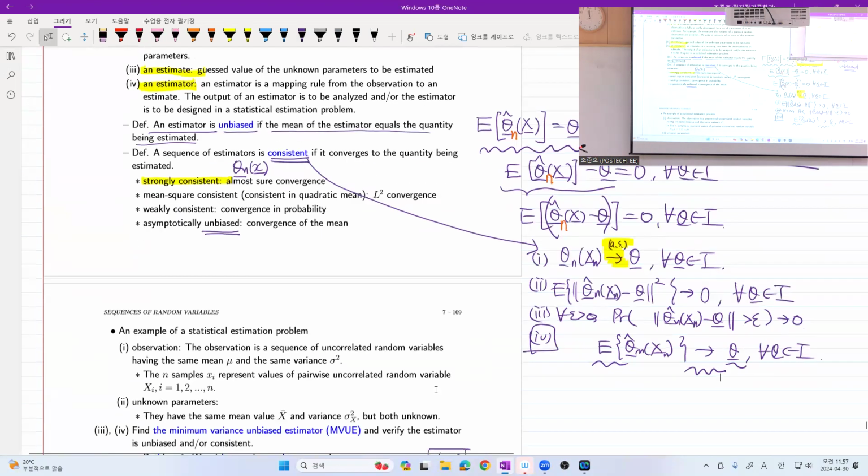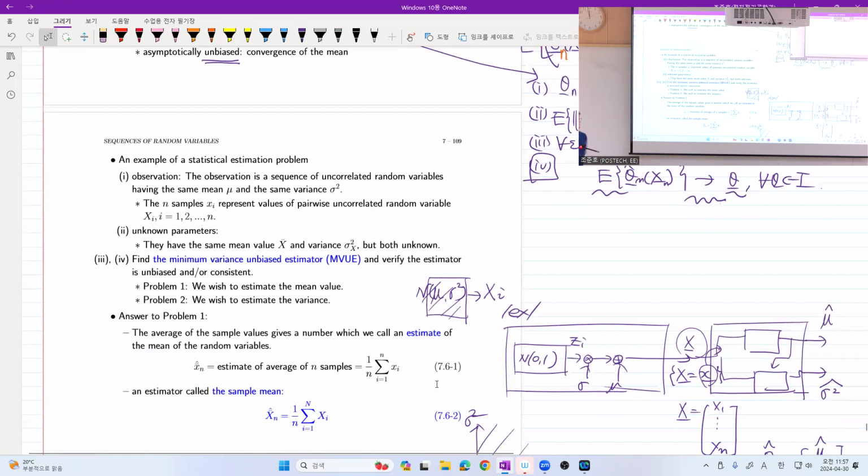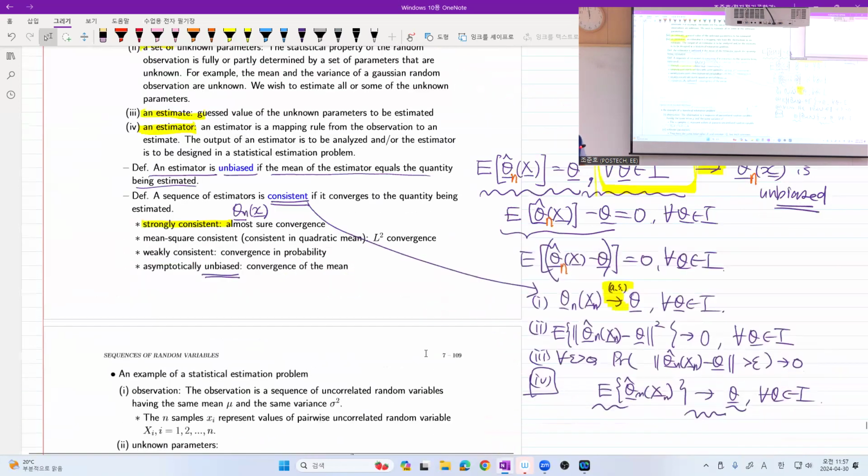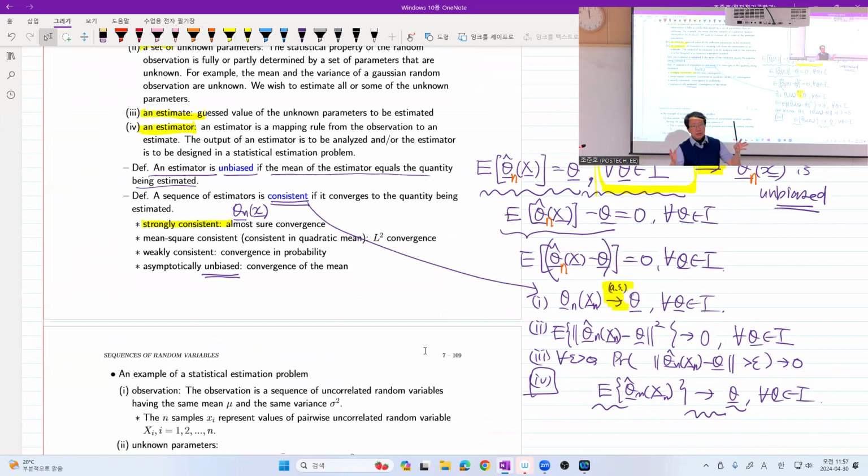Now let's go back to our example, because we are not taking the estimation and detection theory course, but the probability and random processes course. By the way, I just talked about unbiasedness only, but that is not enough. What we do is, among unbiased estimators, we want to choose the best unbiased estimator.